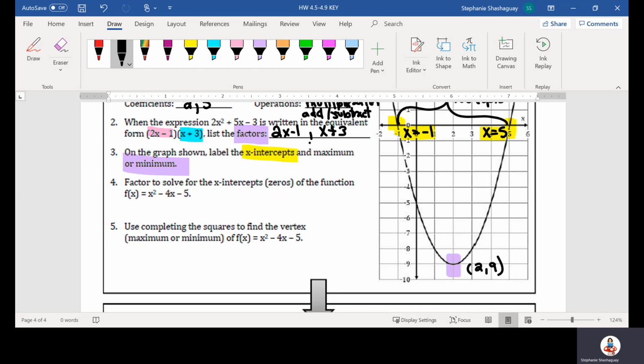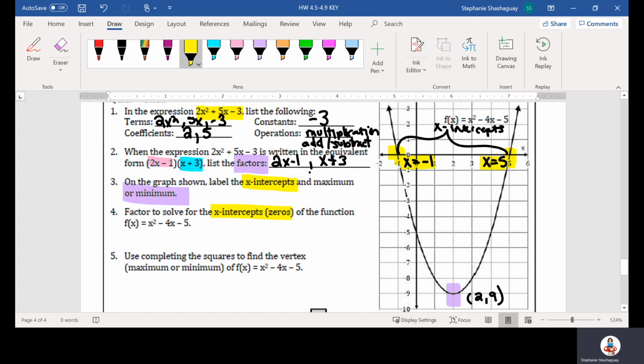Factor to solve for the x-intercepts or zeros for the function x squared minus 4x minus 5. Well, they already gave us the function x squared minus 4x minus 5, and they've already graphed it for us. So I don't need to factor it, but I can.